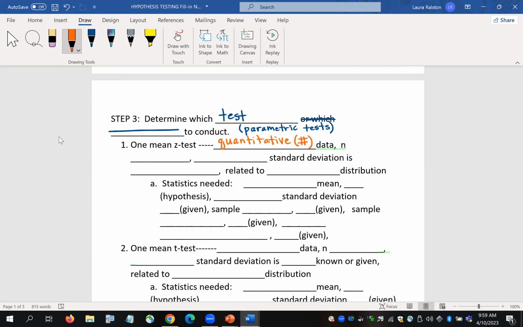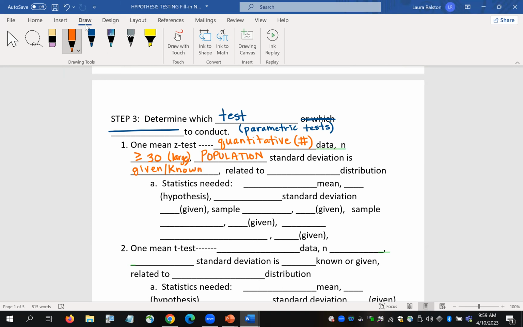Our n, which is our sample size, is greater than or equal to 30. It's what we would consider a large sample. The population standard deviation is given or known.